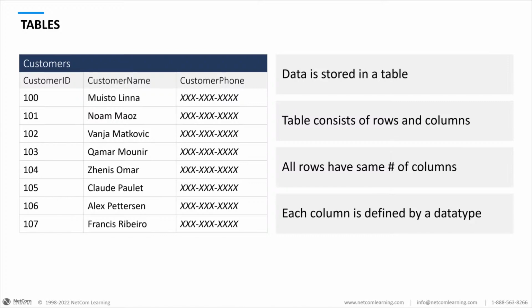So the primary field on customers gives Zenis a customer ID of 104. That's his identifying number. So he'll always be able to be found in the system as number 104. No matter where you look, he's always going to be 104.